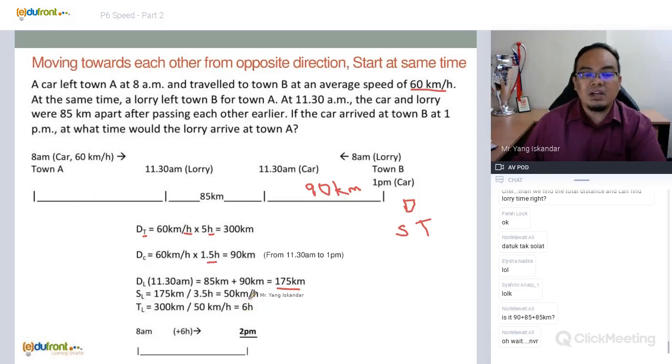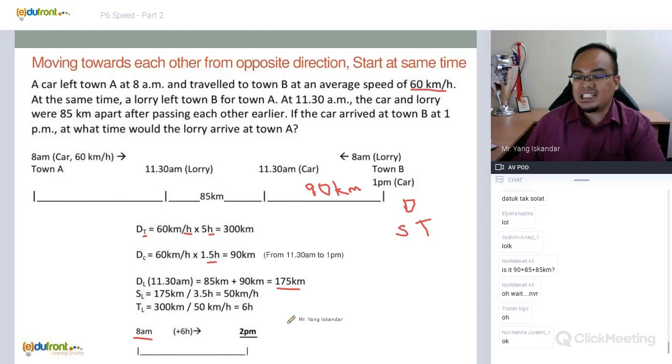So in total, the lorry took 6 hours to travel from town B to town A. And the question is, what time would the lorry arrive? Very simple, since it started at 8 a.m., plus 6 hours, you get 2 p.m. as the answer. Okay, got it?